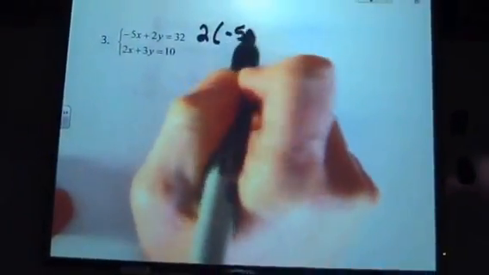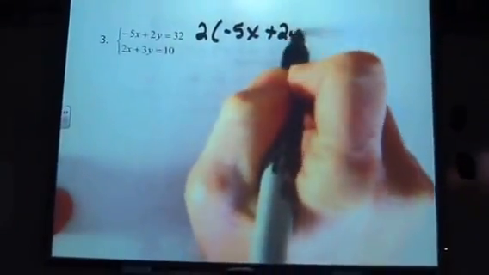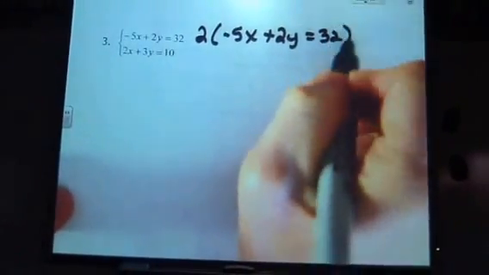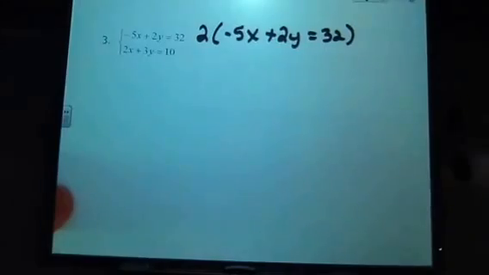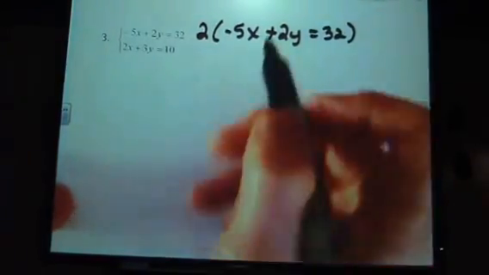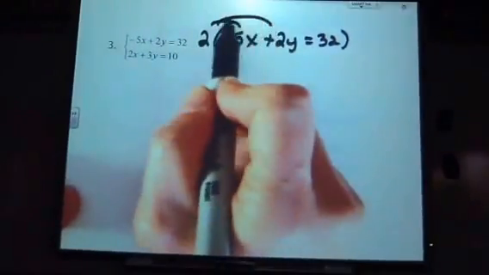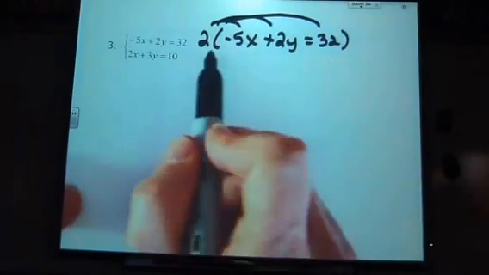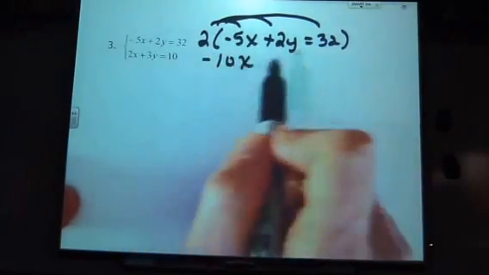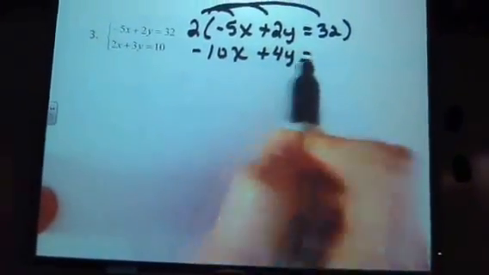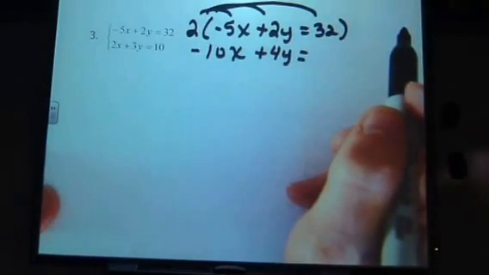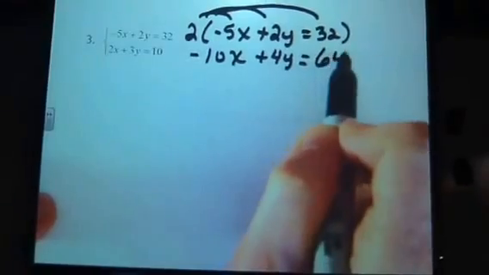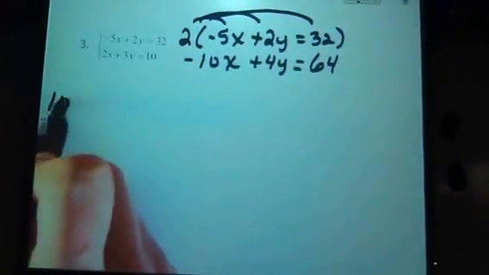So let's do that. Okay, so we get negative 10x plus 4y equals 64. So there's my first equation.